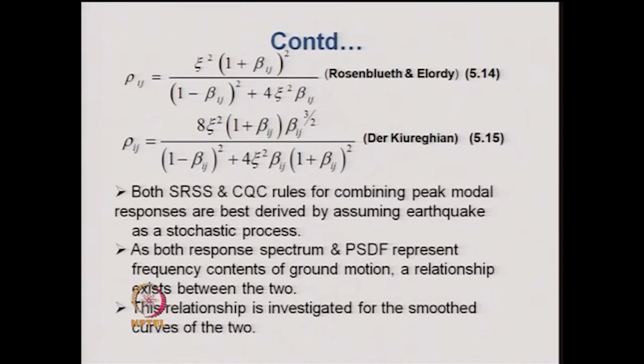One is given by Rosenblueth and Elordy, that is given in equation 5.14, where xi is the damping ratio and beta ij is the ratio between the natural frequency in the ith mode and the jth mode.